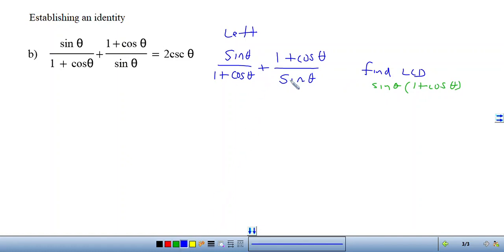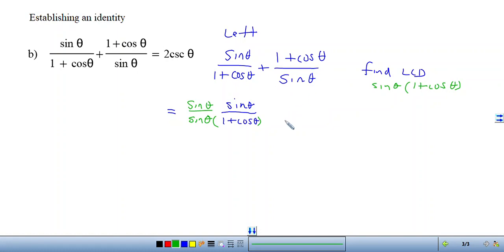So let's go ahead and multiply the top and bottom by, in this case, you're going to multiply this by sine theta, just so that we can make the denominator here the LCD. So you do that to the top as well.